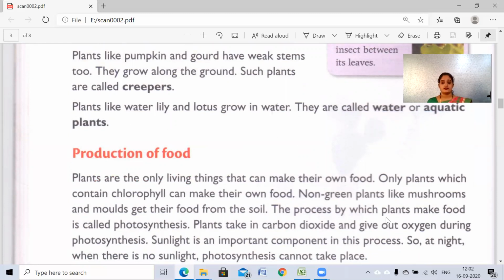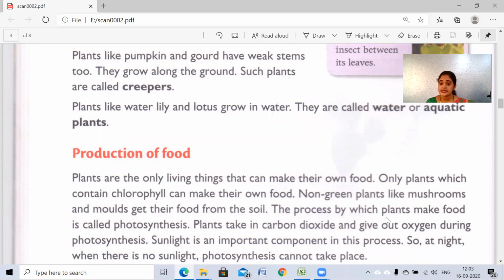As you know, children, plants prepare their own food. They will not depend on other organisms for their food. In their body itself, they prepare their own food. How? By using certain materials like chlorophyll, sunlight, water, carbon dioxide.